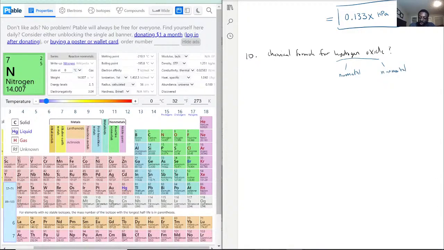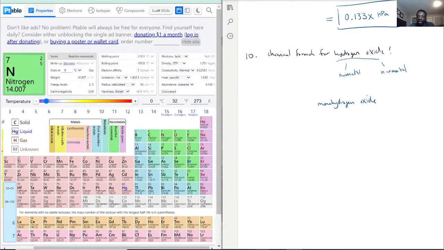Based on the proper naming rules, the hydrogen part needs to indicate how many hydrogens there are. Even if there's only one, what you should see is monohydrogen oxide. Okay, that at least is what you should be seeing.